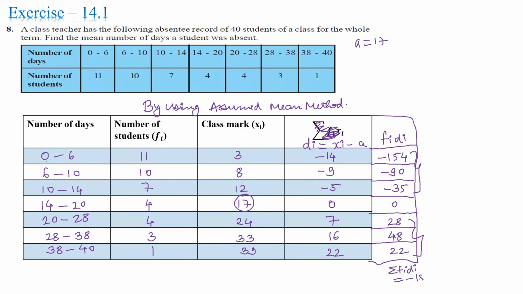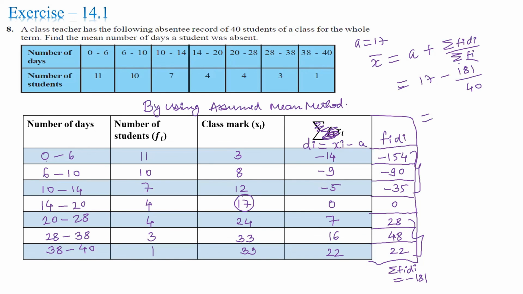Minus 181. Okay. So our formula is x bar is equal to a plus summation of fi di upon summation of fi. A, we have taken as 17. This will become minus 181 upon summation of fi, which is 40.